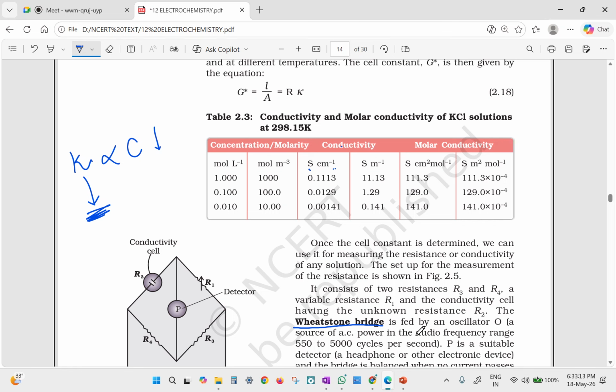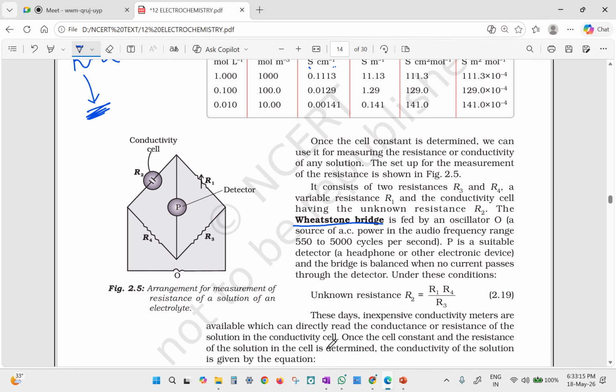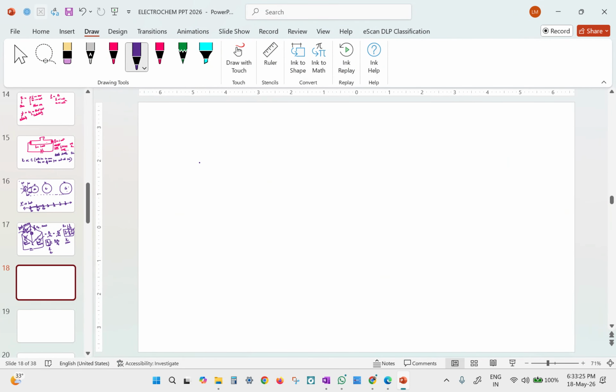Now, the question is, why do we use an oscillator? An oscillator is to produce AC current. Think of this: I am trying to find out how good KCl is at conducting current, the conductivity value. What is conductivity?